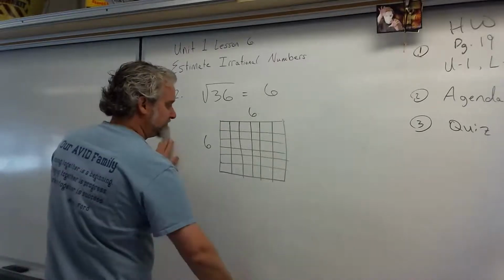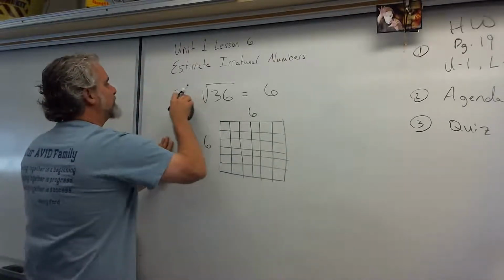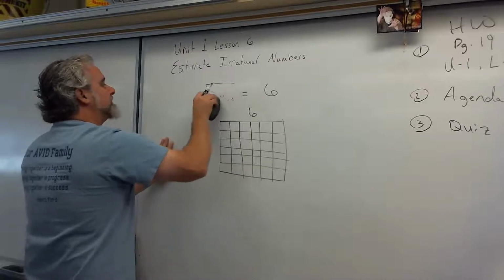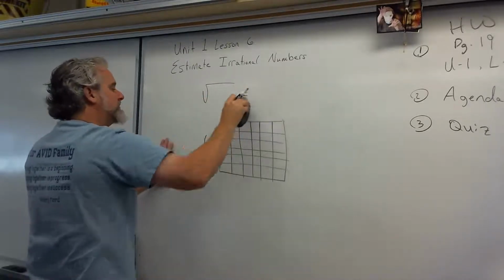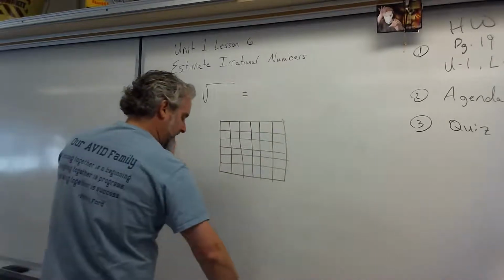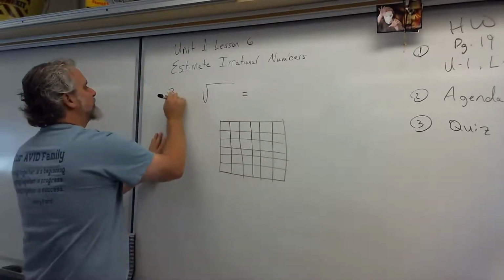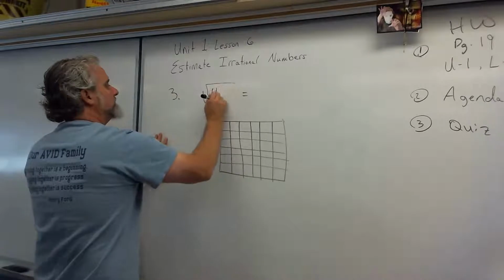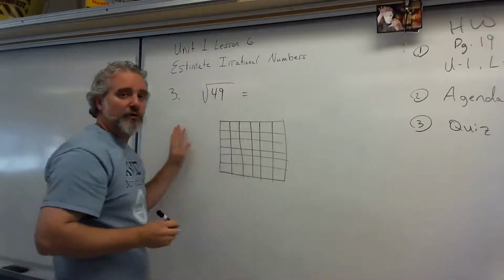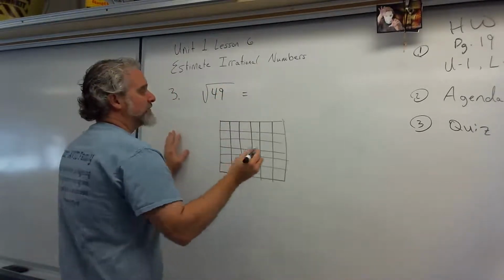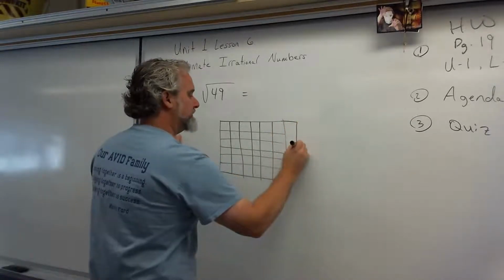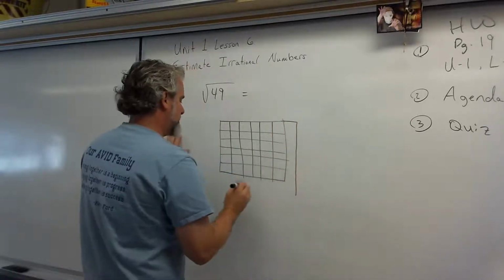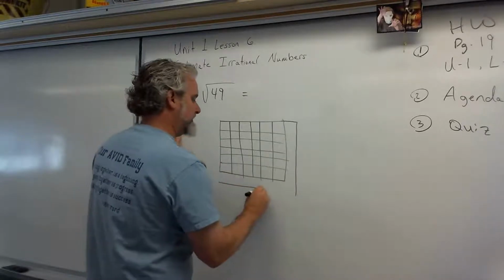The next one is square root of 49. So I'm going to try something here. See if I can't add on to what I already have. This is problem number 3, square root of 49. And I know the square root of 49 is 7. So I'm going to add one more column here and one more row down here.